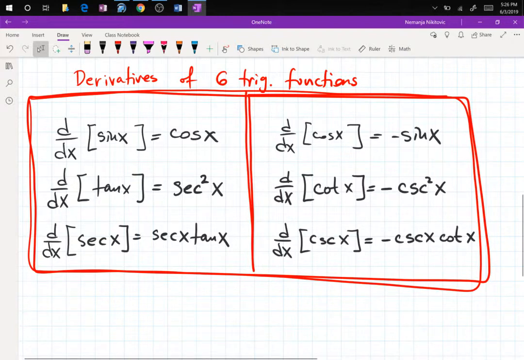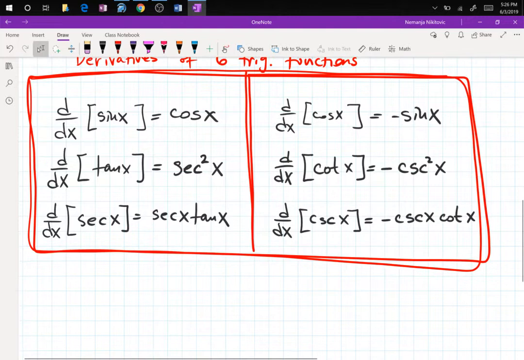One pair is sine, cosine. Sine is always paired with cosine.